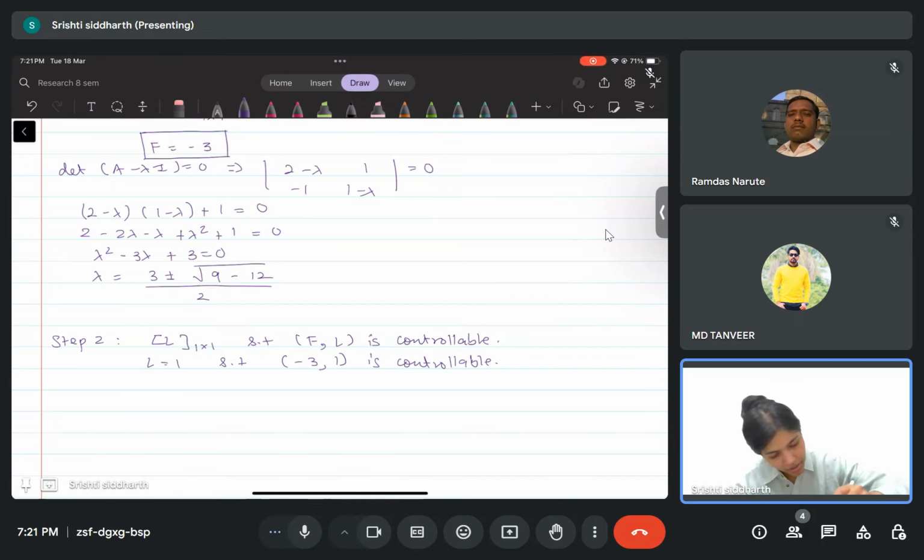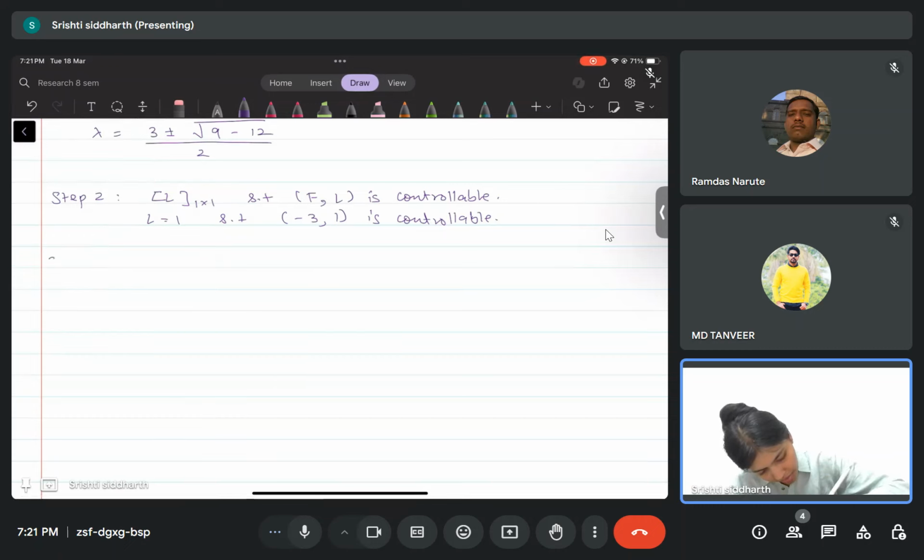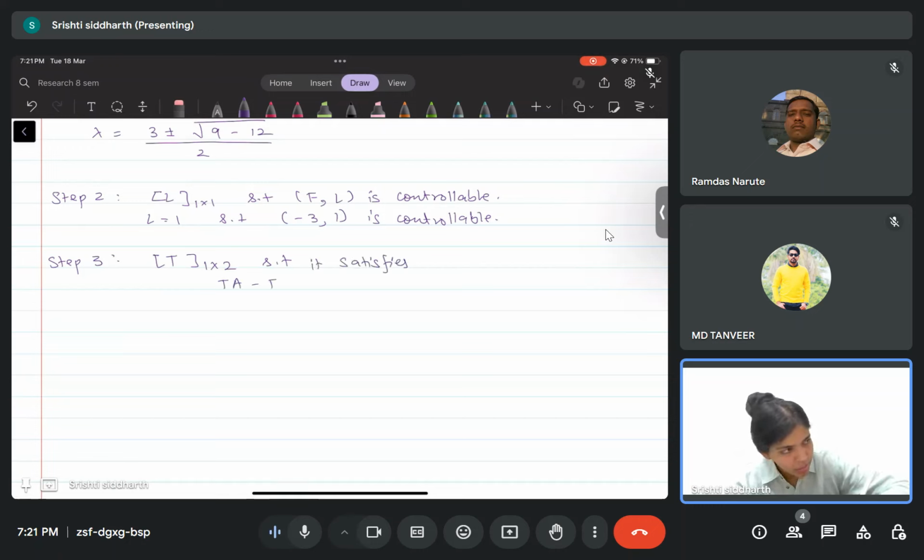Now we have step 3. We have to find the unique matrix T of size n minus q, so this is 1 by n, that satisfies the Sylvester equation, such that TA minus FT equals LC.